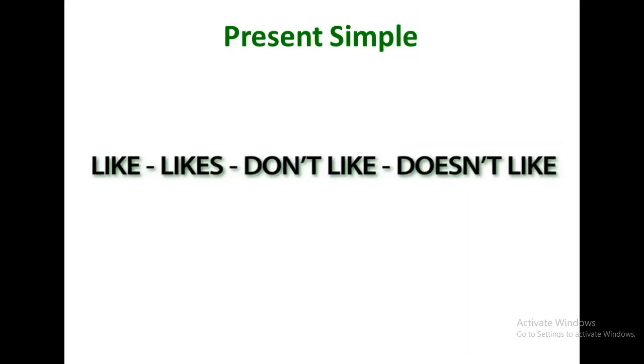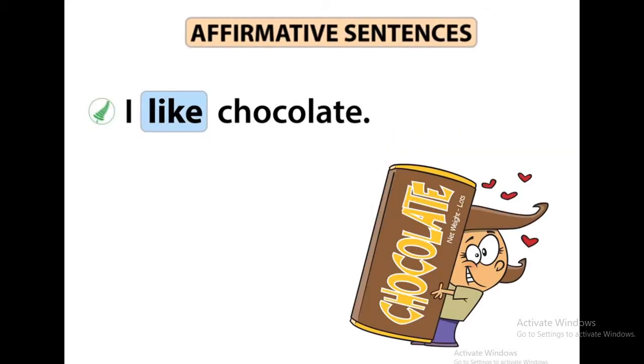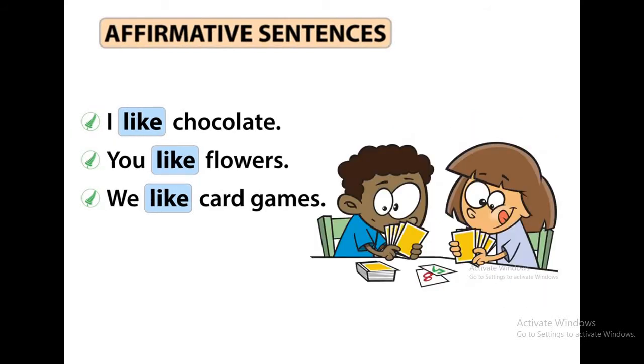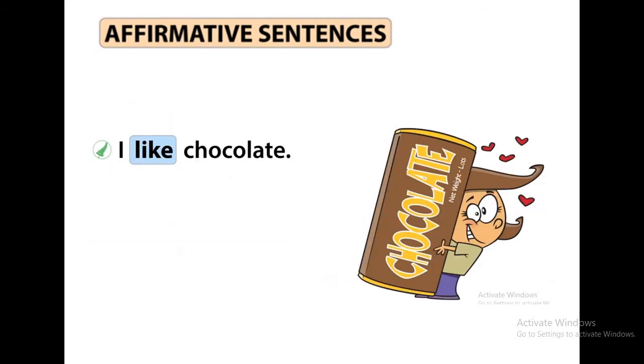So let's see the form of present simple using like, likes, don't like, and doesn't like. For positive sentences with like, I like chocolate. You like flowers. We like card games. They like books. Let's look at the first sentence again.